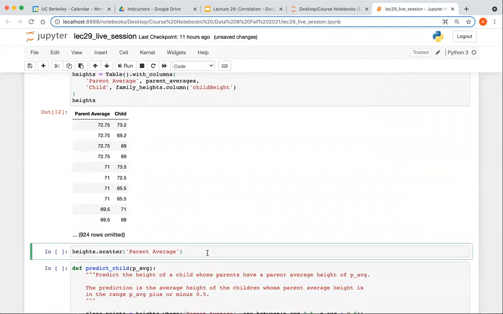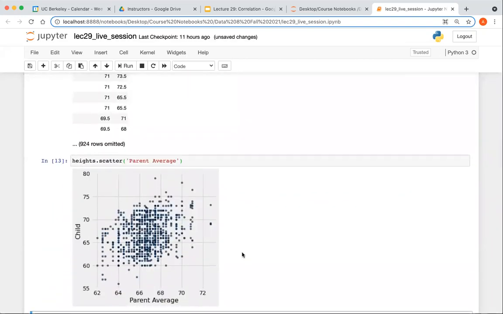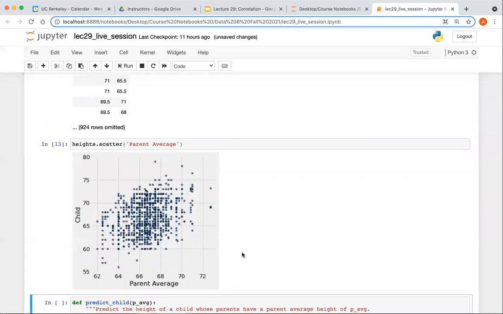So the first thing to do is to visualize. And we did visualize this, and we saw, okay, what is it about this scatter plot that is showing an association? What's association?